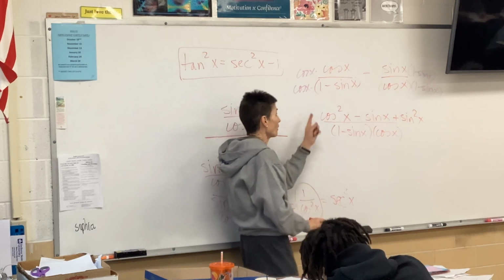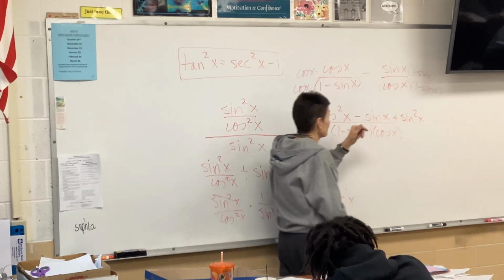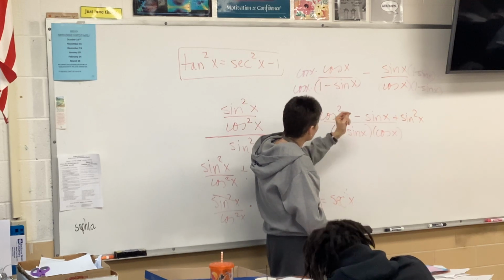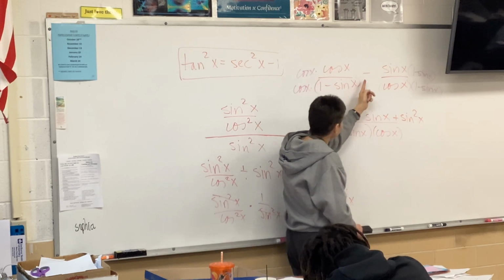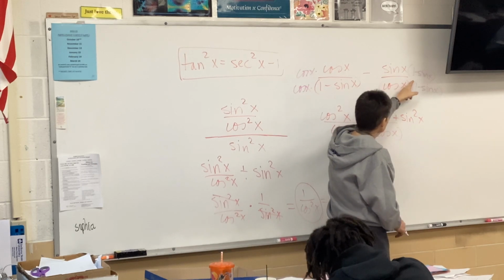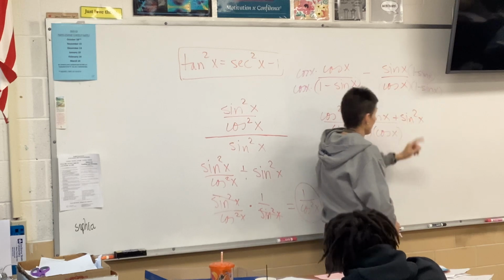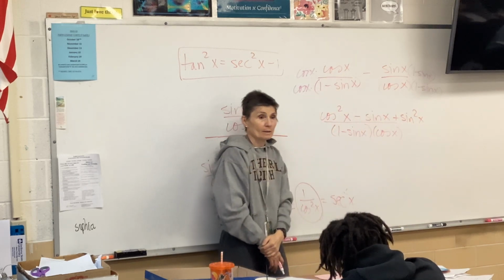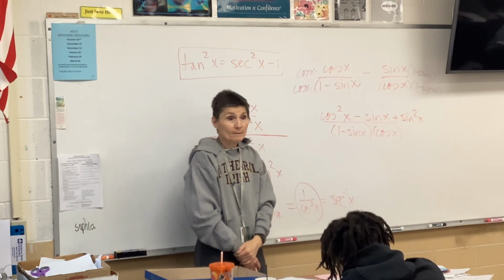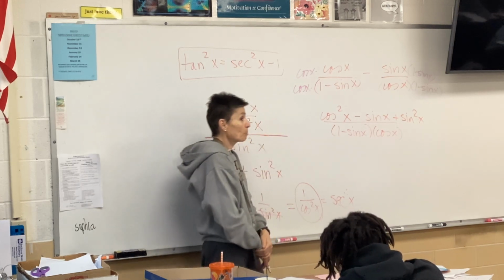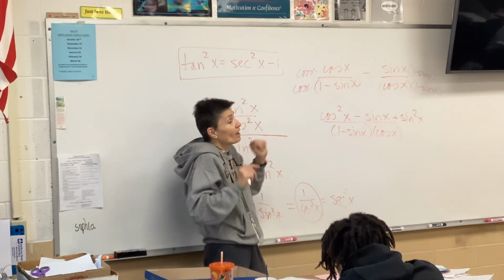So we figured out what our common denominator was, and then we just multiplied our pieces together. So we had cosine squared minus sine times 1 minus sine times negative sine. Everybody with me here? Now, when you get to my age, this problem, your little heart's just going to be fluttering right now.